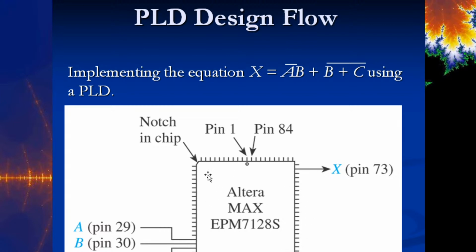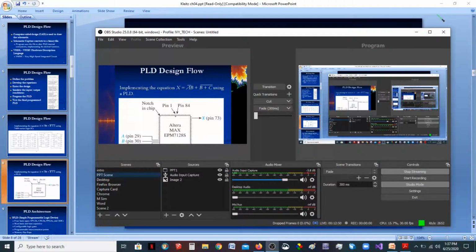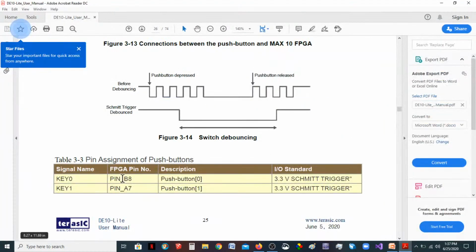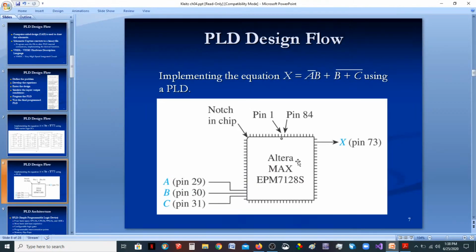Now if I switch over to my desktop real quick. When I say pin B8 and pin A7, what I'm talking about is something around here, right? I have to know which switches are connected to this main chip. And then this chip will make the internal connections between the inputs and the outputs, right?